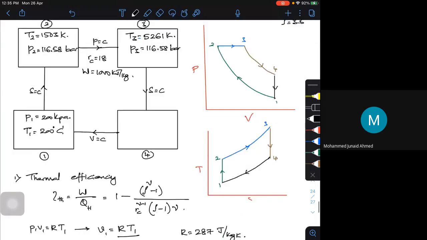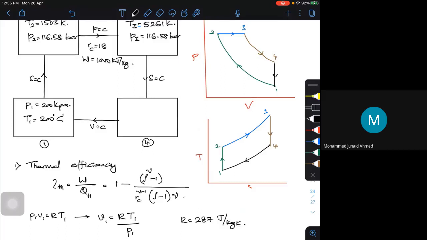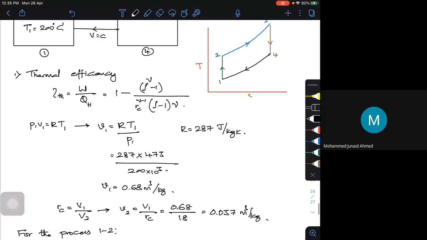One particular thing is to use your thermodynamic processes. Somewhere the formula will be there and you will be able to get it. Either PV is equal to RT, or T2 by T1 is equal to (V1 by V2) to the power gamma minus 1, or P2 by P1 is equal to (T2 by T1) to the power gamma by gamma minus 1. Any one of these formulas will let you get the properties at points 2, 3 and so on.